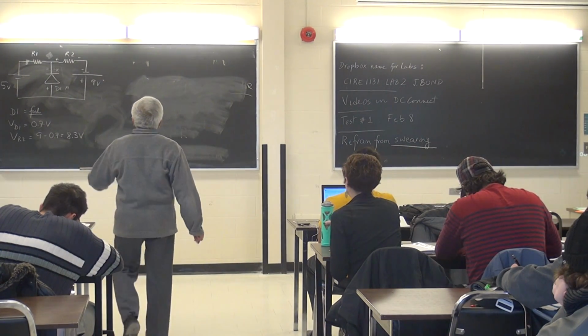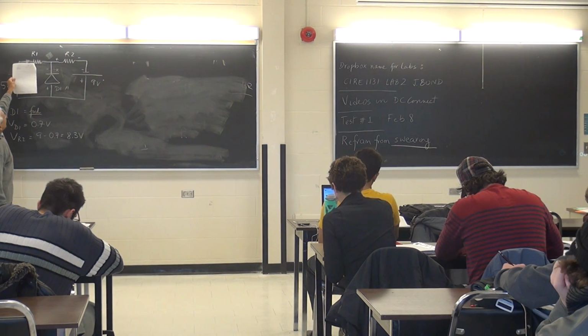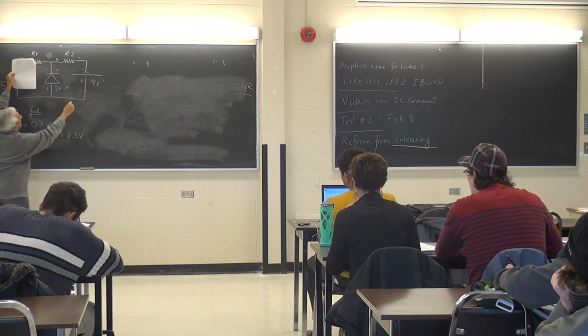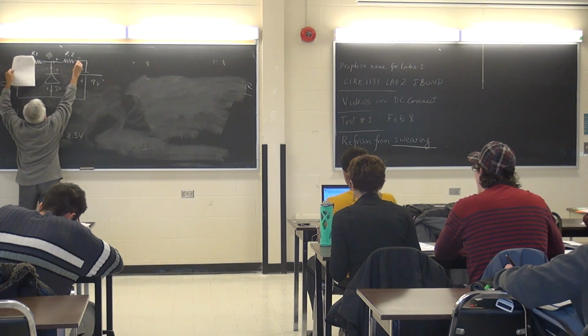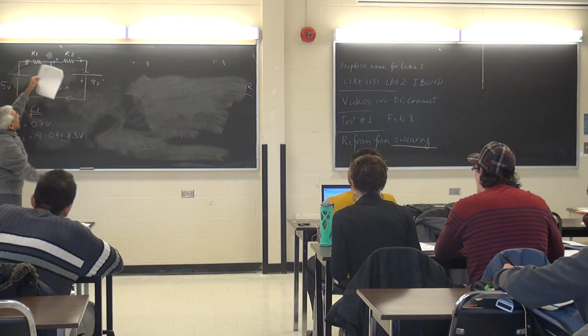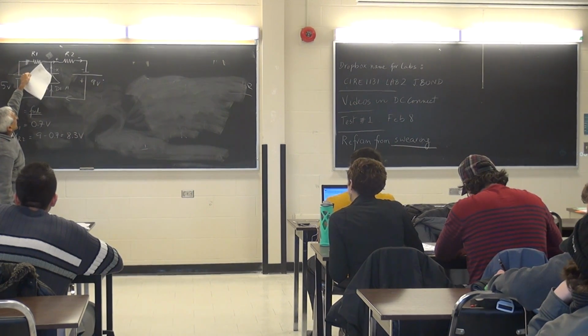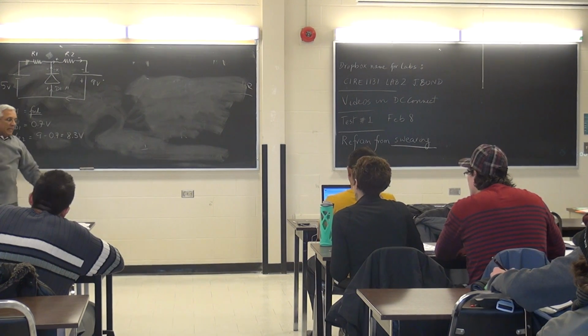Everybody see that? So I'm looking at the right half of the circuit. I'm isolating it, and the 9 volts will cause the diode to become forward biased. And when it becomes forward biased, it will allow current to flow, and there will be 0.7 volts at the diode, and the rest of the voltage is at the resistor.